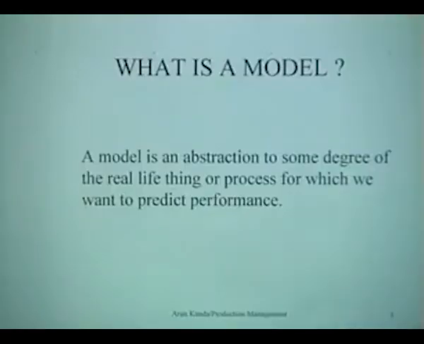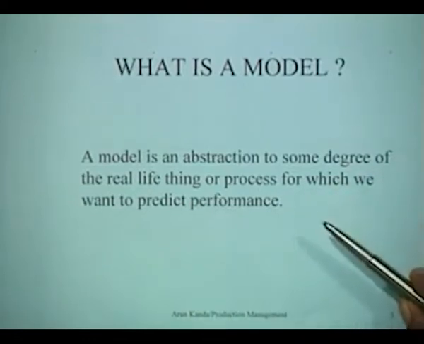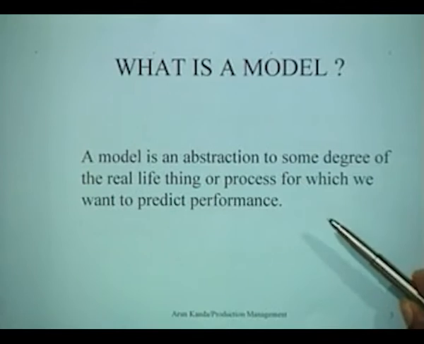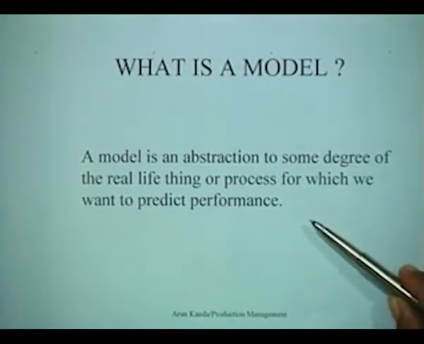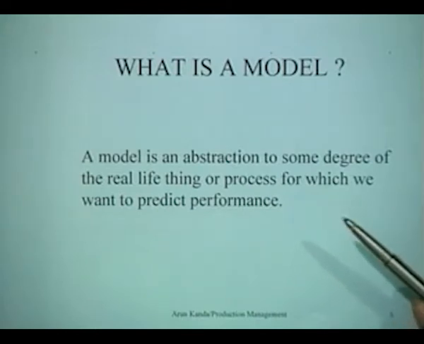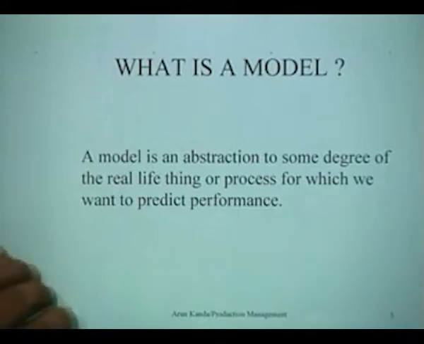Here is a working definition of a model. A model is an abstraction to some degree of the real life thing or process for which we want to predict performance in a most general sense. The question that arises naturally is, what are the features of models and why do we make models?